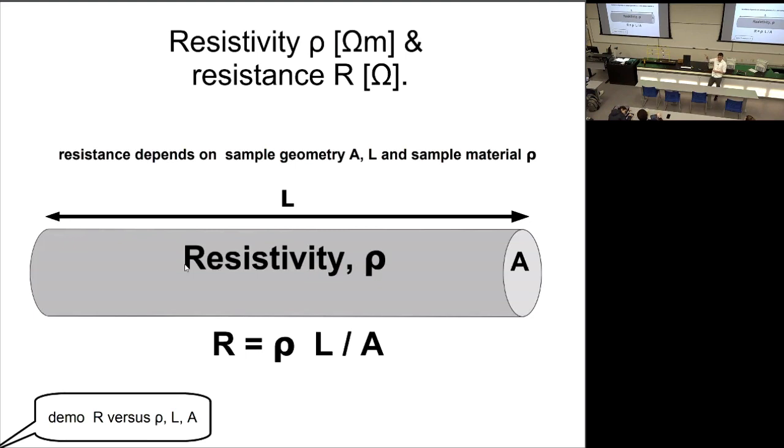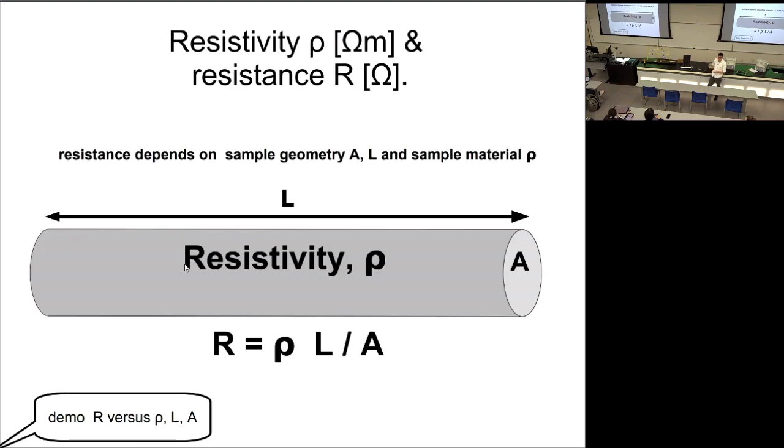One of them is geometry, the geometry of this piece of material. The other one is the substance of this piece of material. In particular, the resistance, that's the uppercase R here, of this copper or aluminium cylinder is given by this little equation here, rho L divided by A.